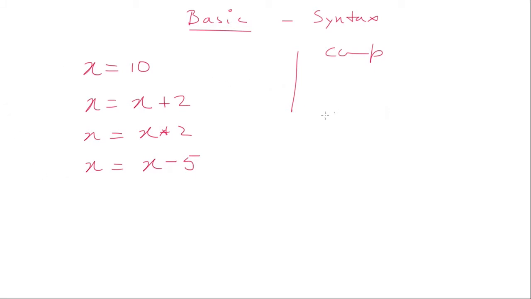What will be the final value of x in the computer's head after this line? Put it in the chat. X becomes a 12 and then x into 2, x becomes 24. 24 minus 5, it becomes 19. So it is 19. Are you getting the point how these things work, right?